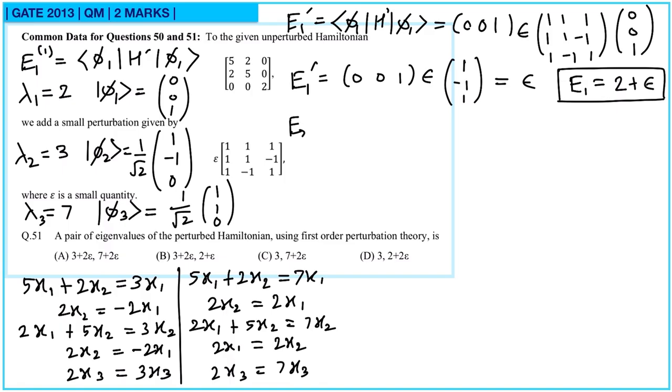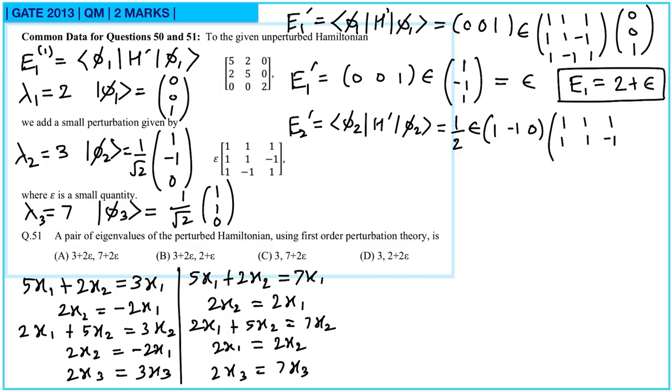Now second one, E2 dash will be psi 2 H dash psi 2. So this 1 by root 2 will be common. So 1 by root 2 into 1 by root 2 is 1 by 2. Epsilon will be there. And then we have 1 minus 1, 0. Then 1, 1, 1, 1, 1 minus 1, 1 minus 1 and 1. Operated on 1 minus 1, 0.